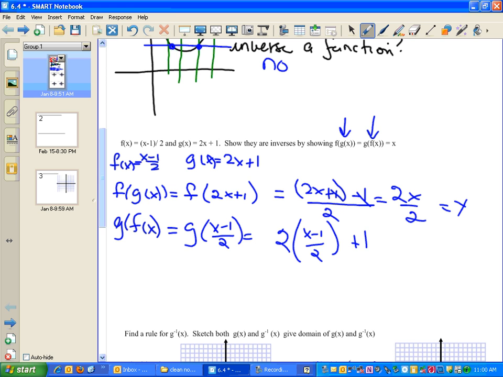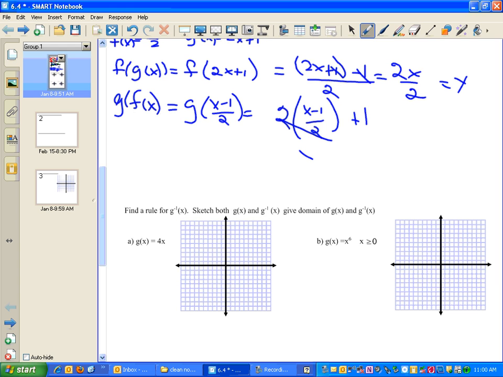And what's going to happen here? The 2's drop out, and what am I left with? x minus 1 plus 1, which is, so I got an x here, and I got an x here. So because I got x in both cases when I'm doing my substitution, those two equations are inverse functions of each other.